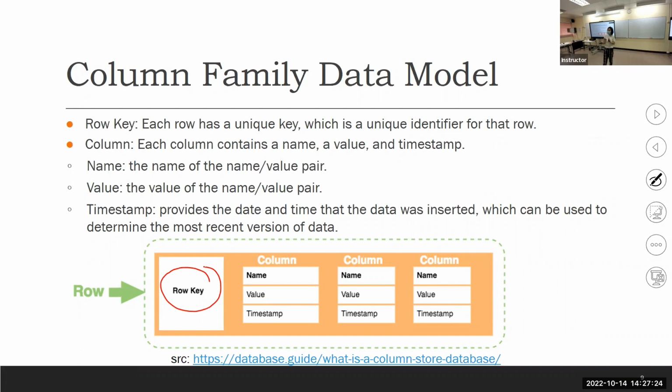This still allows us to retrieve the entire row of certain data, because the entire row still has a very important meaning: it groups all those columns together. And each column would have its own column name, column value, and timestamp. We do have several of these column name, column value, and timestamp sets for each row.